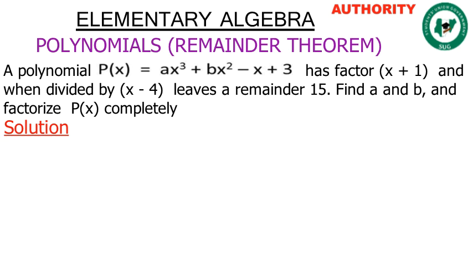Let's go. We have a question. A polynomial p of x is equal to ax cubed plus bx squared minus x plus 3. It has a factor x plus 1, and when it is divided by x minus 4, it leaves a remainder 15. Then we are asked to find a and b, and then factorize our p of x after obtaining our values for a and b.